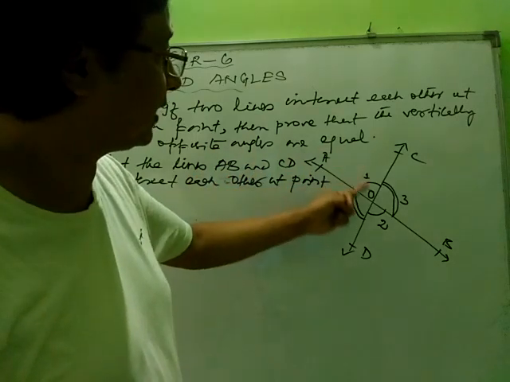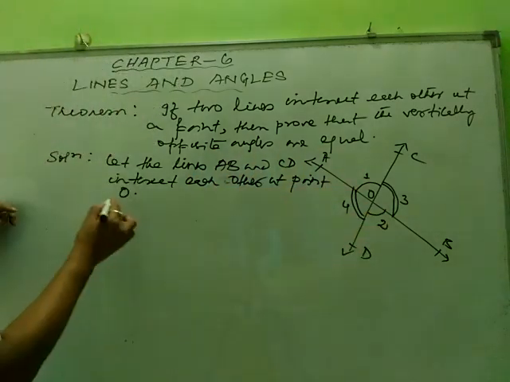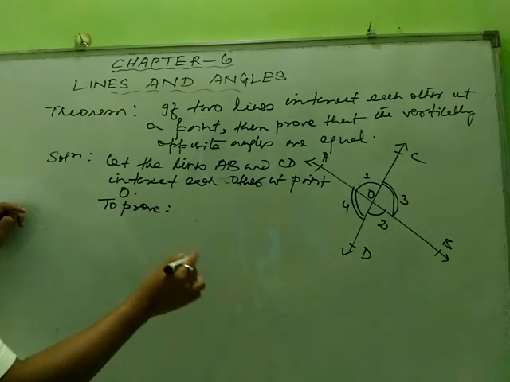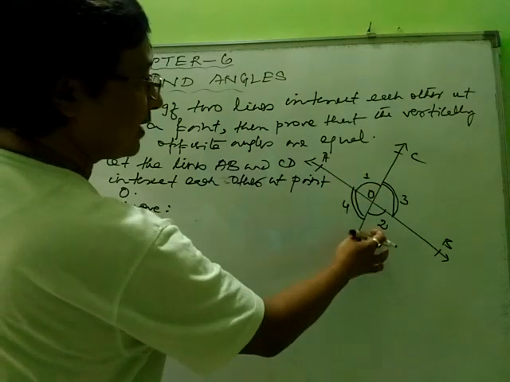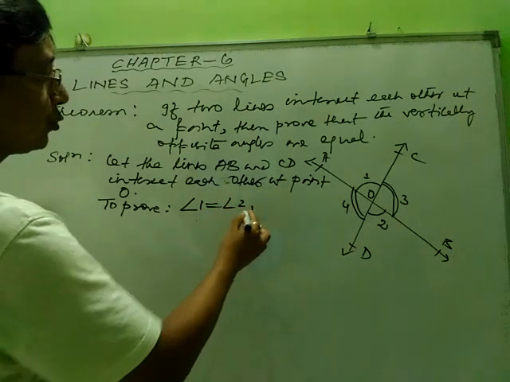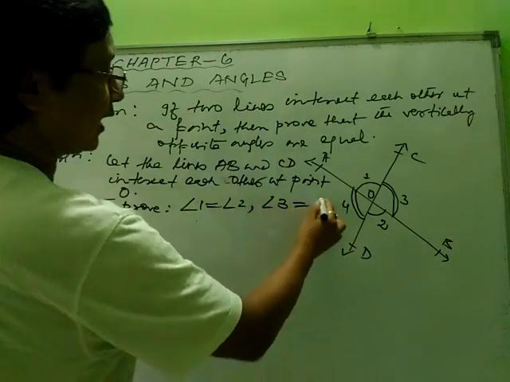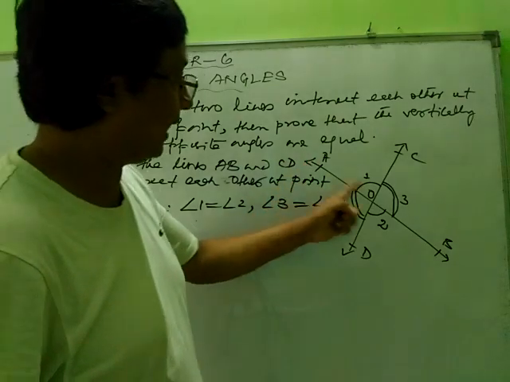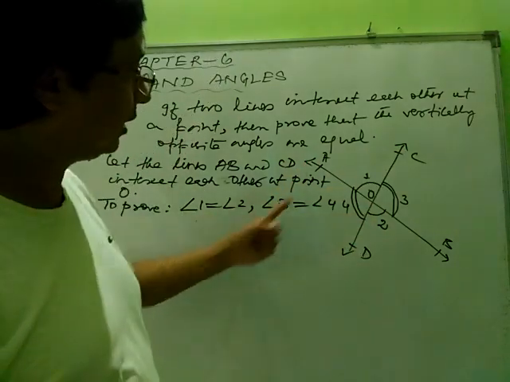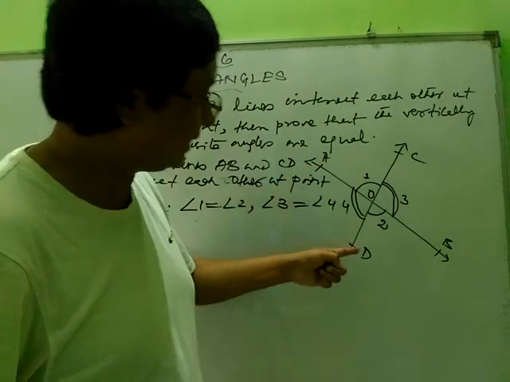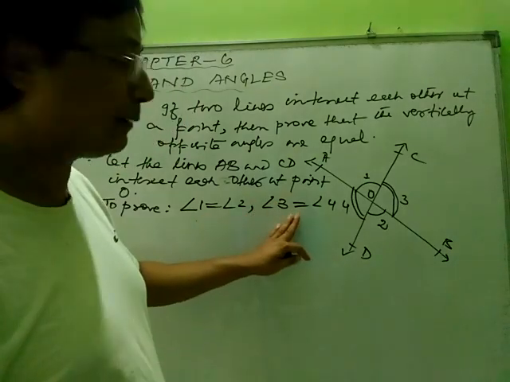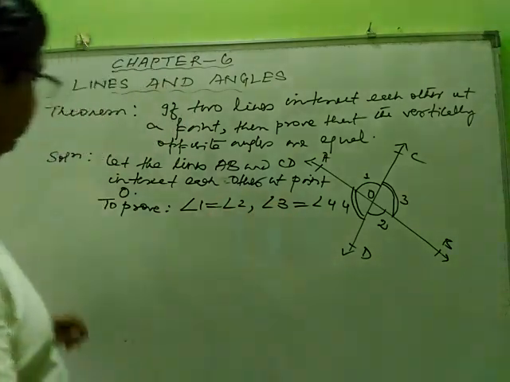So these are called the vertically opposite angles. Now to prove: the vertically opposite angles must be equal. So angle 1 equals angle 2, angle 3 equals angle 4, or angle AOC is equal to angle BOD. You can write that way also, or angle AOD is equal to angle BOC. But taking the numbers will be easier.